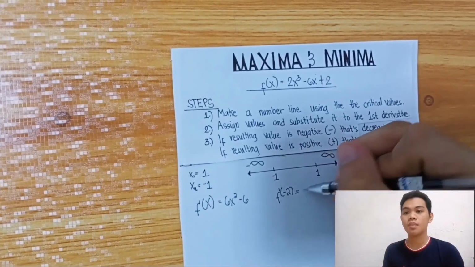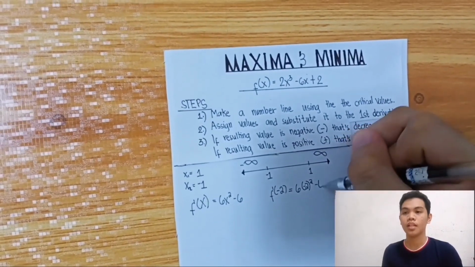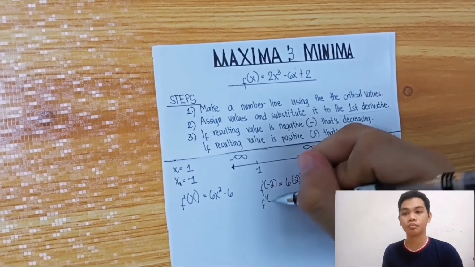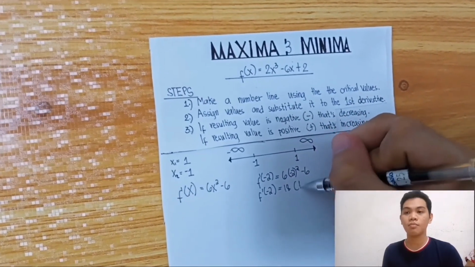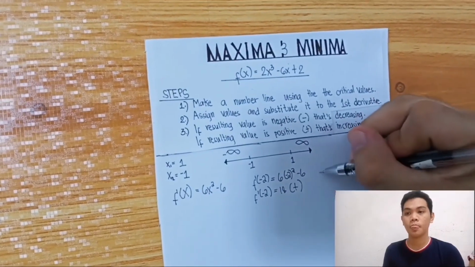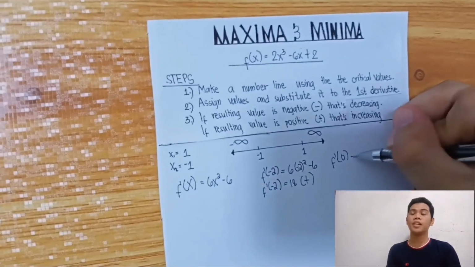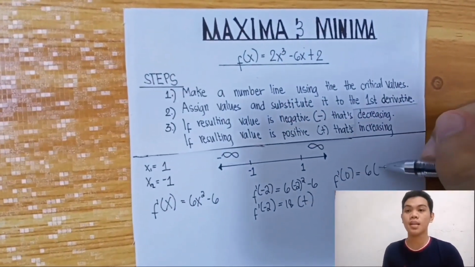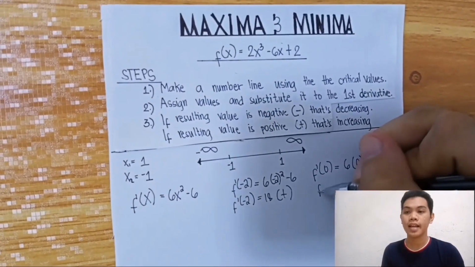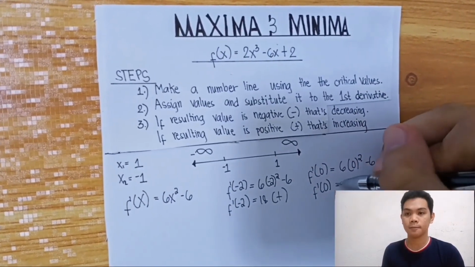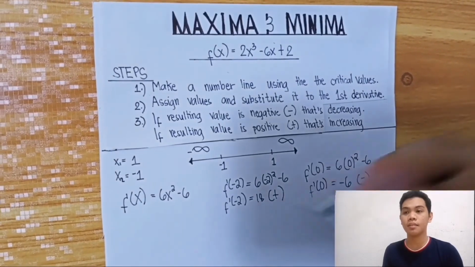Then we substitute it to the x of the first derivative, and we get 18. So that's positive, meaning that's increasing. Then on that area, let's say 0, in between negative 1 and 1, we substitute to the x and get negative 6. So that is negative, meaning that is decreasing.